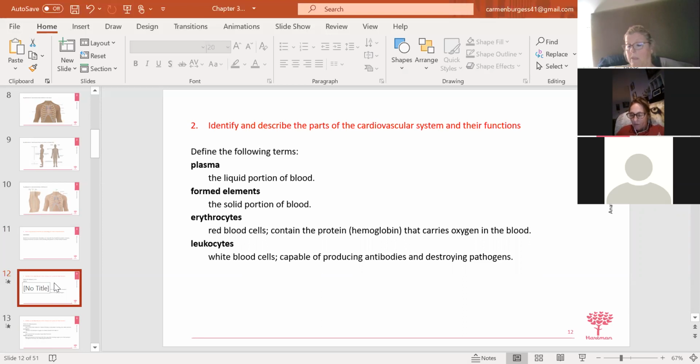Okay. So the heart location, we're going to call it exactly what we just called it. So it's in your chest, but it's in the thoracic cavity. And where does it sit? Mediastinum. Yep, it's between the lungs in the mediastinum. So if you have to describe where the heart is located, we're going to say it's in the chest or the thoracic cavity.